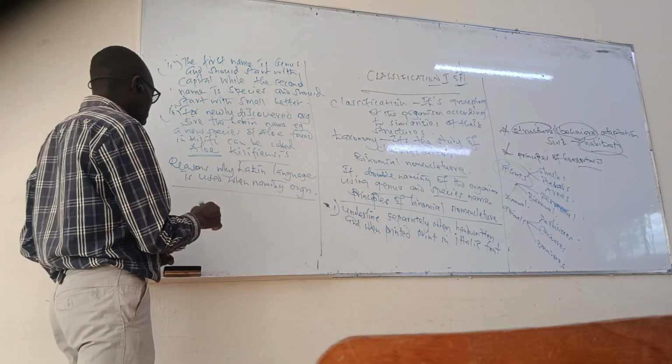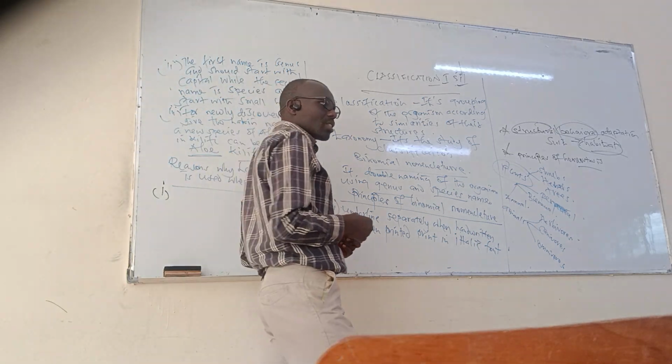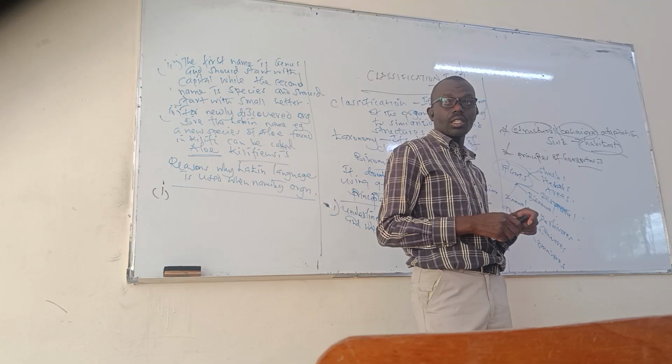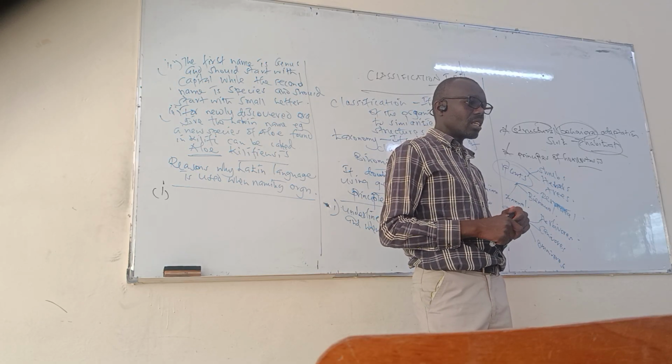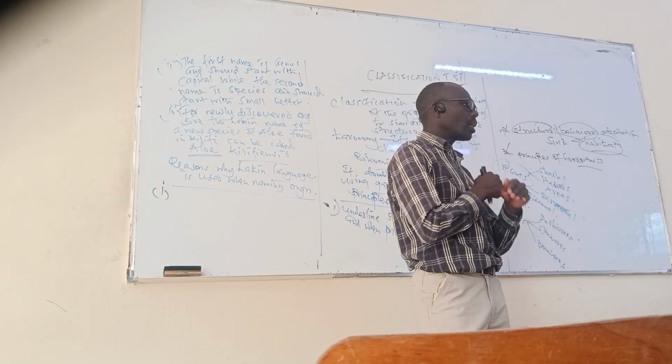Now we use the Latin language when naming the organism. Number one, because Latin is a dead language, or you can say it is fully developed. It is no longer growing. It is a language that has grown and fully developed.